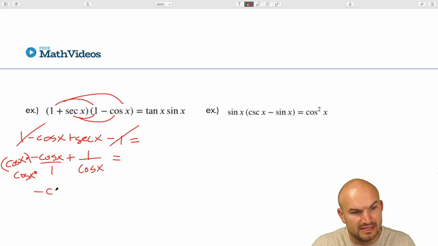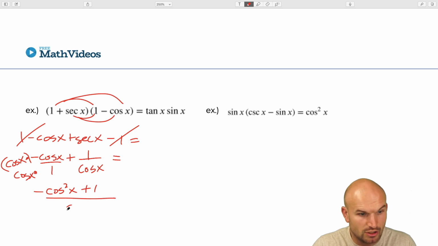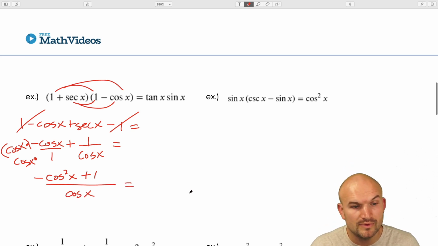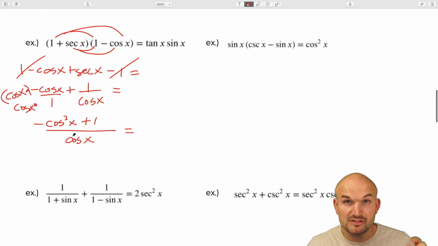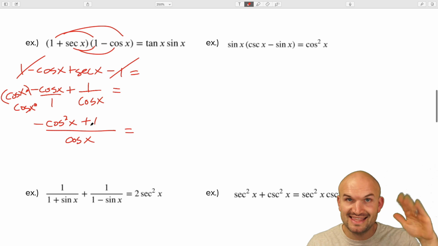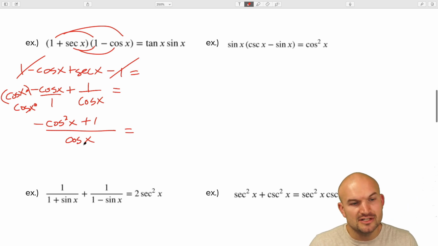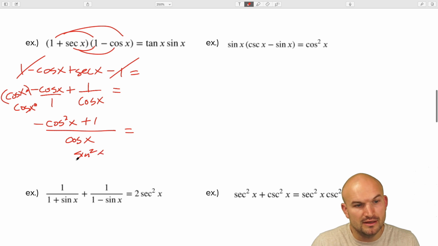So therefore, it gives me a negative cosine squared of x plus 1, and this is all over a cosine of x. Okay, and so now we recognize that we have the Pythagorean relationship. Again, we have a squared term, plus 1. So again, think of those Pythagorean identities. So in this case, I can rewrite this as a sine squared of x over cosine of x is equal to.